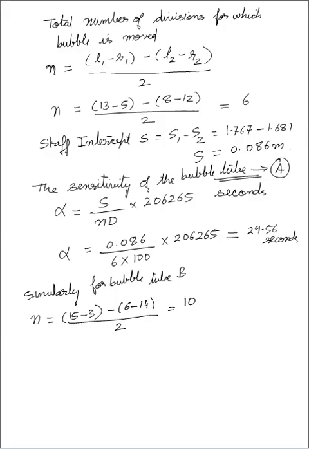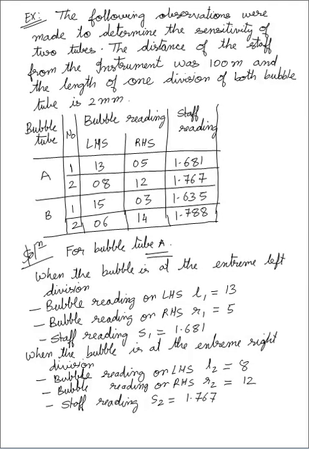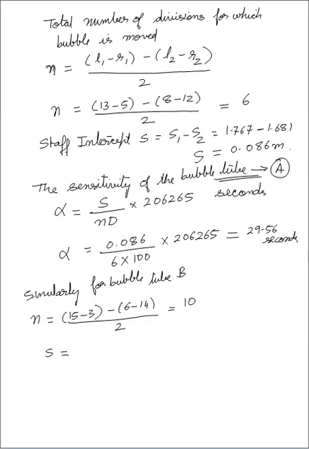Same way, the staff intercept S will be S1 minus S2. So here it will be 1.788 minus 1.635. So how much will you get? You will get 0.153 meter. Now directly apply the above formula.